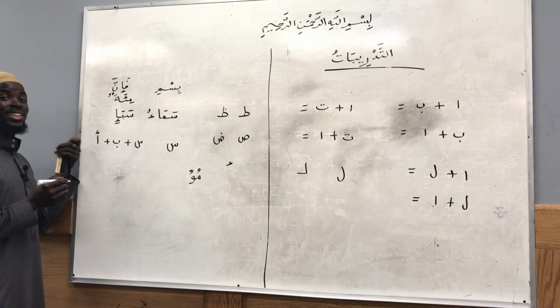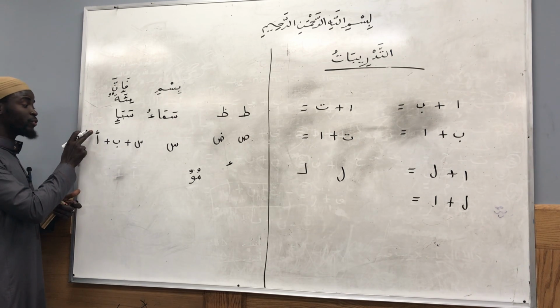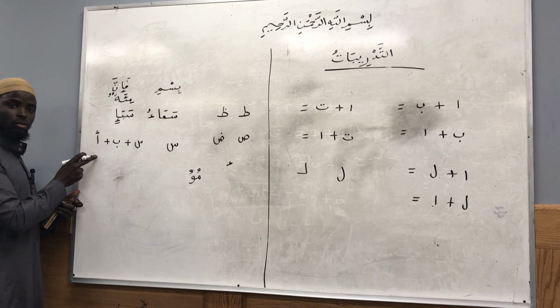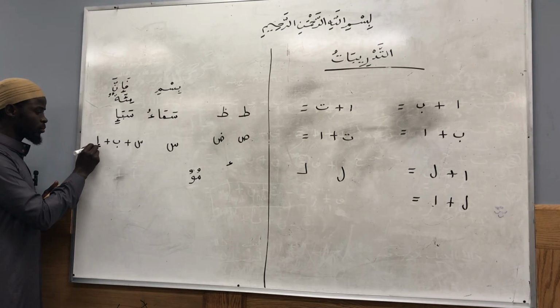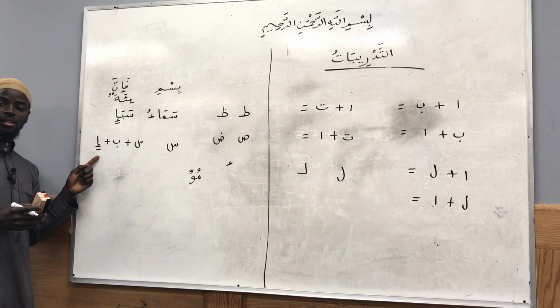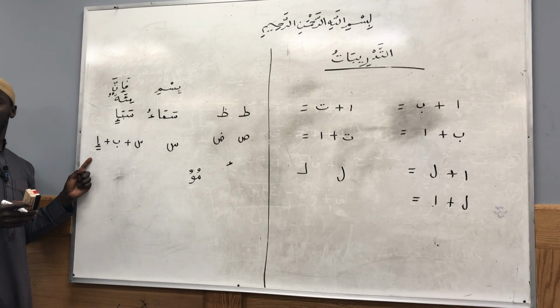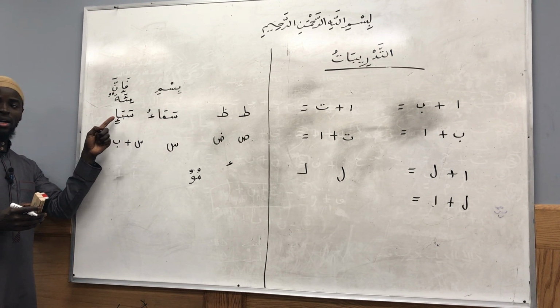And if it is kasra, I'm going to move this to the bottom. So we have 3 letters. If you join these 3 letters together, you will have this: Saba'.